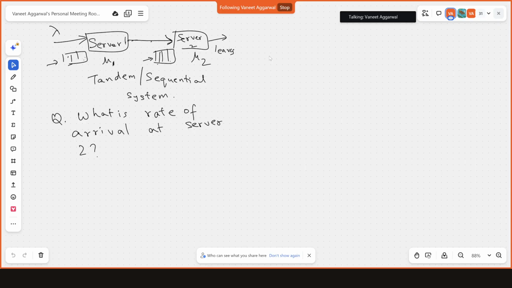Is the problem setup clear? Is it actually mu1? Why? Can we assume that as soon as they're done with server 1, they start server 2?